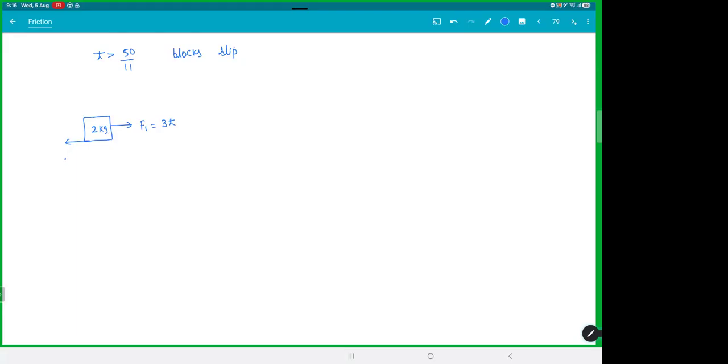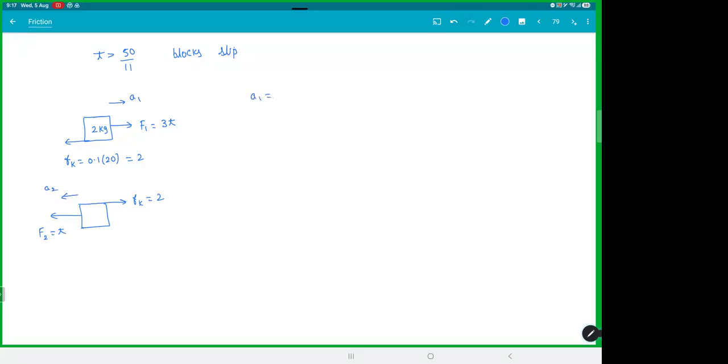Now this friction becomes Fk, which is 0.1 into 20, which is 2 newtons. This will have a different acceleration. This friction will be Fk, and this will have a different acceleration.